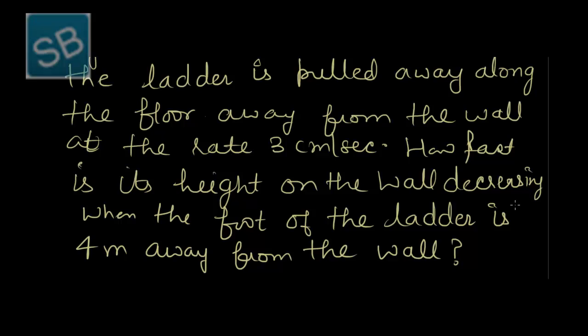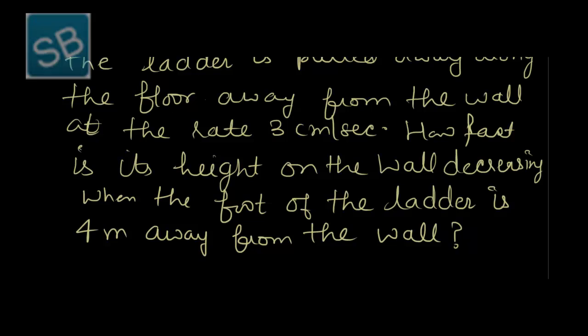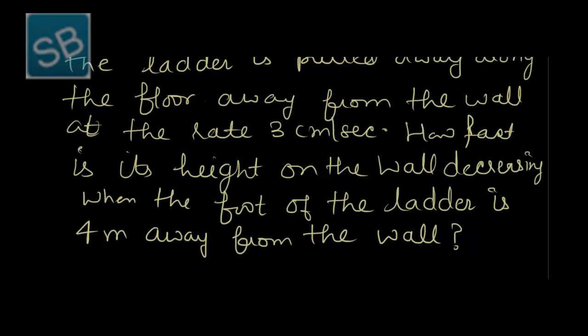So first of all, see here, a ladder is leaning against a wall and let its distance from the wall be y and height be x. That is the solution.